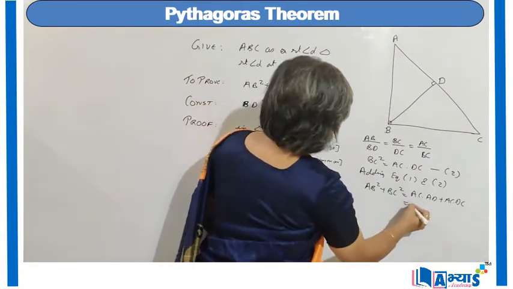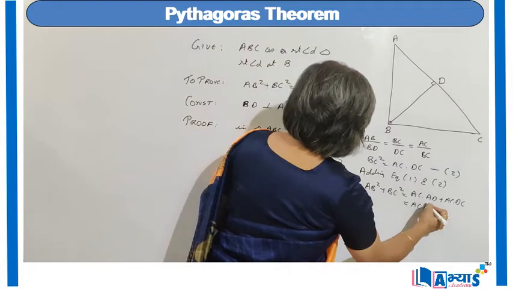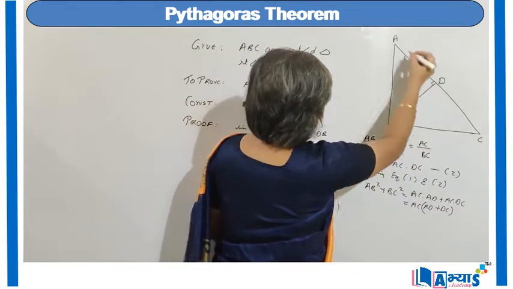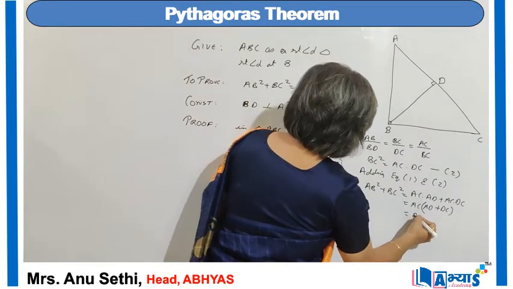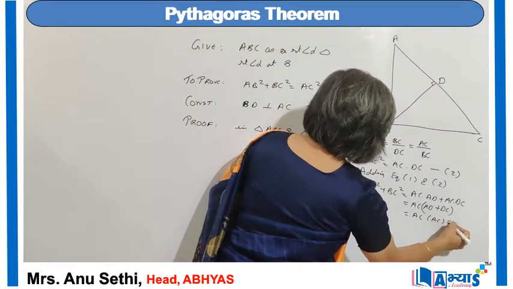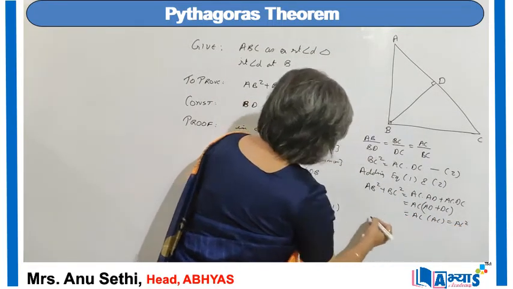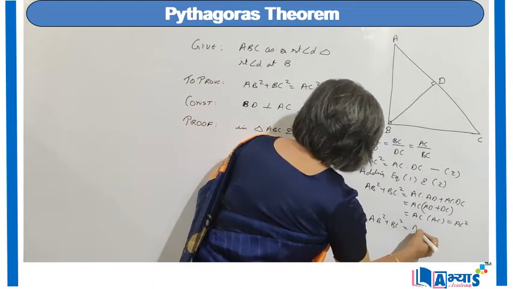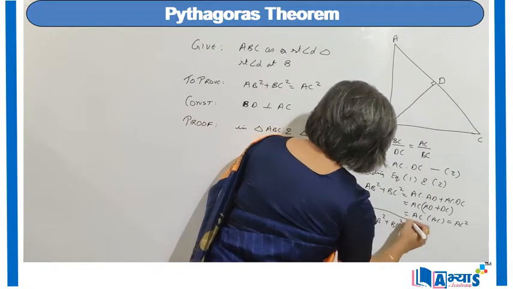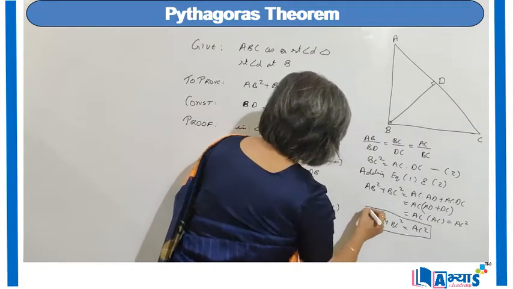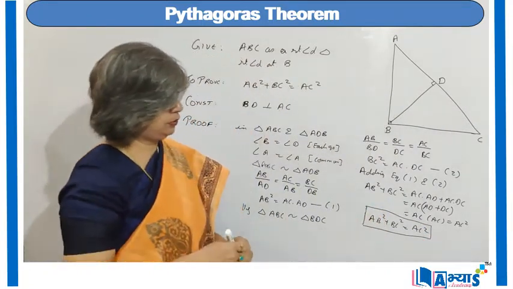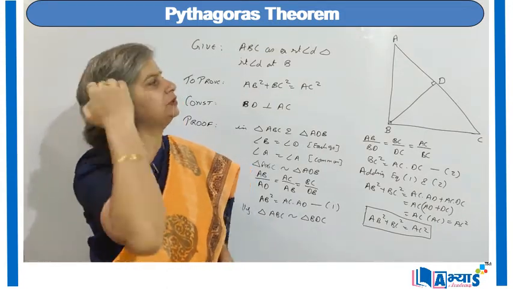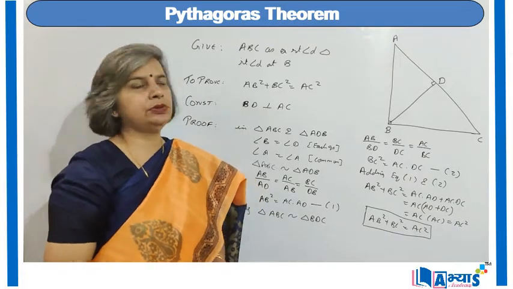Taking AC common, we get AD plus DC, and we know that AD plus DC is equal to AC. So AC into AC is equal to AC square. Hence we can say that AB square plus BC square is equal to AC square, and this is what the Pythagoras theorem states, that the hypotenuse square is equal to the sum of the squares of the two sides. So this is how we have proved the Pythagoras theorem.